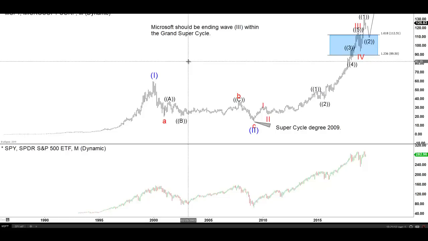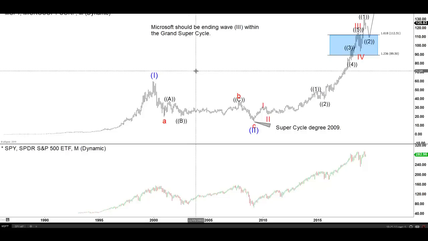As everybody knows, in Elliott Wave Forecast, we believe in something that we call the one market concept. In other words, the market works as a whole, and everything related in cycles, in directions, in first or second degree, needs to make sense as a whole. So SPY and Microsoft are identical.